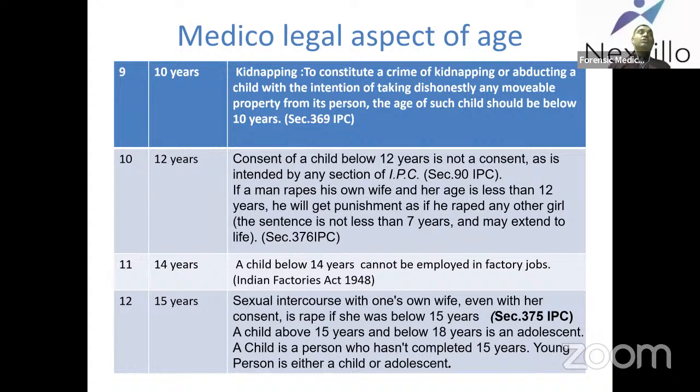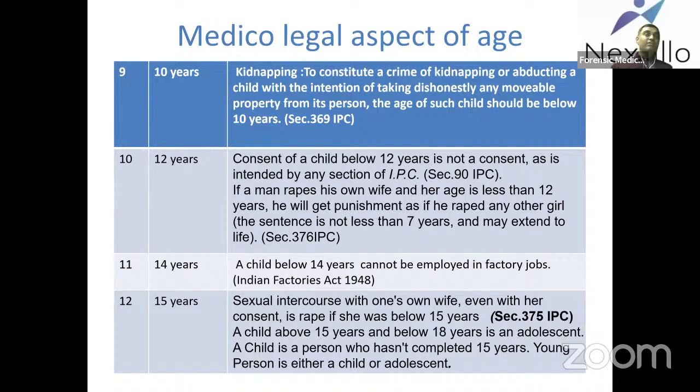So, students and friends, if you are suspecting the age of this child or any person, maybe around 12 or 14 years of age, you must go for X-rays. Once you confirm with the X-rays, even if the man is the girl's own husband, it will be considered as rape of the individual, and that comes under Section 376 Indian Penal Code.